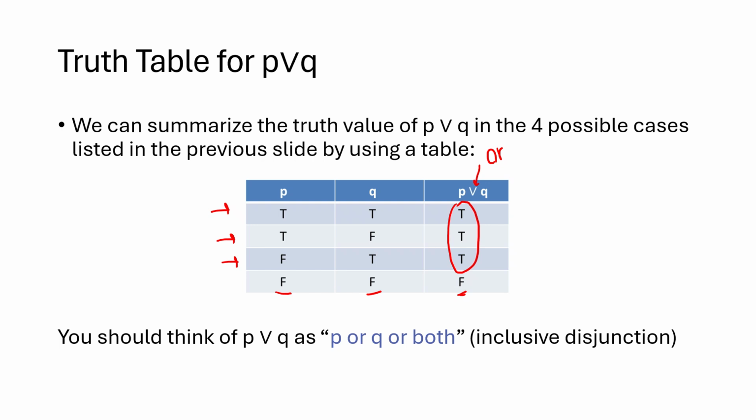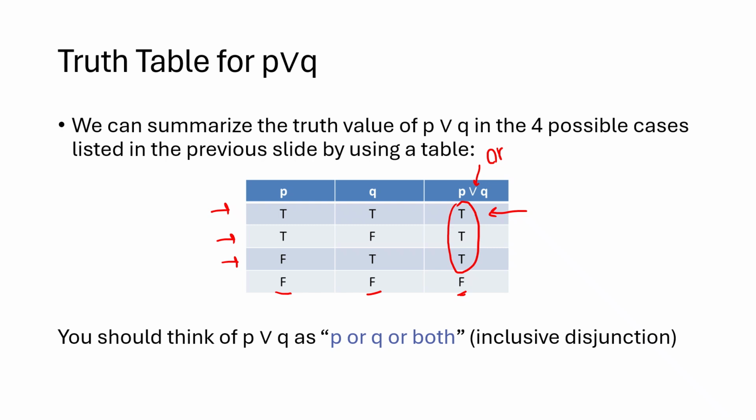So you see, another way to think about this is we call this P or Q, but a better way to think about it is P or Q or both. So it is allowed for both of them to be true. So that is allowed in this definition, as we can see here on the first row, right?